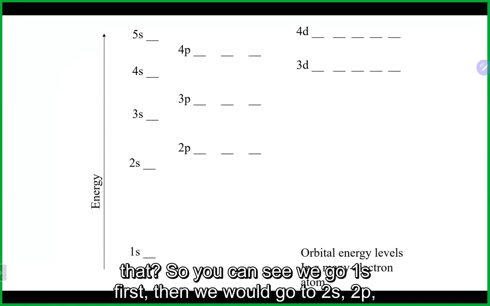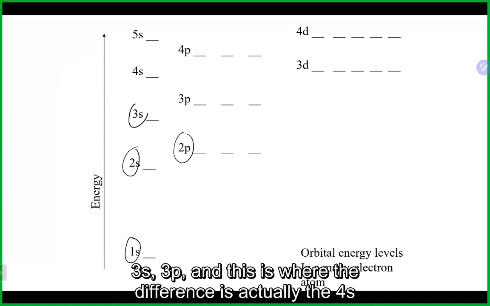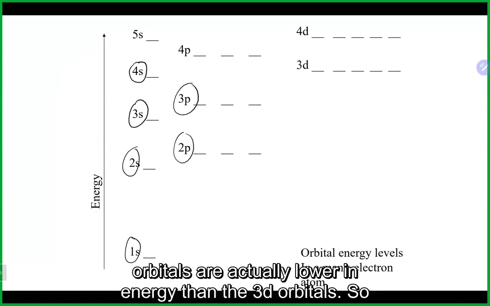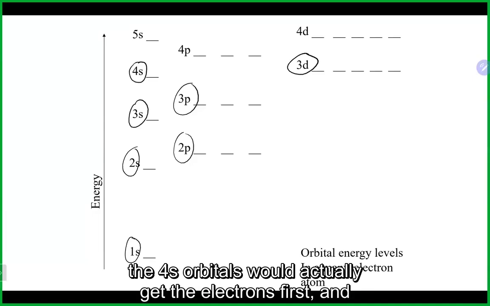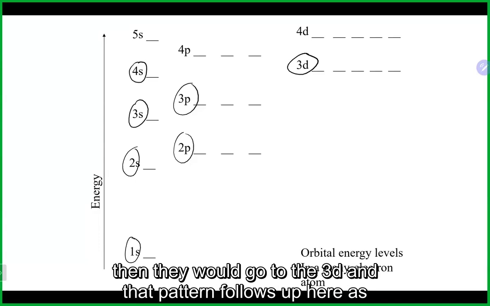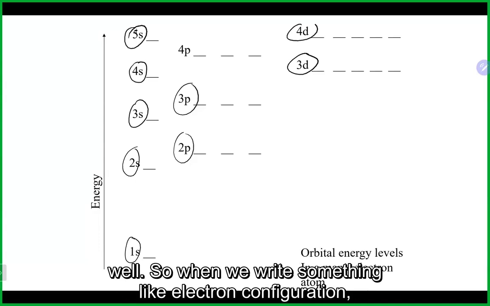So we go 1s first, then 2s, 2p, 3s, 3p, and this is where the difference is. The 4s orbitals are actually lower in energy than the 3d orbitals, so the 4s gets the electrons first, and then they go to the 3d, and that pattern follows up here as well.